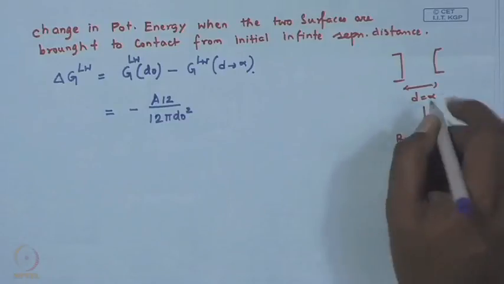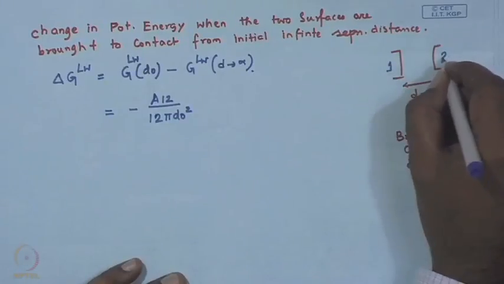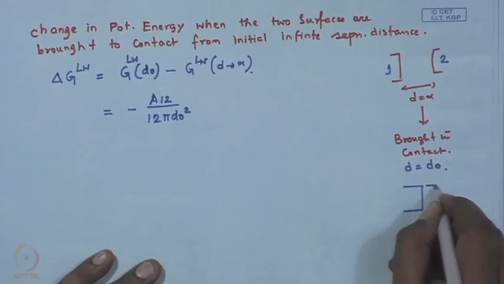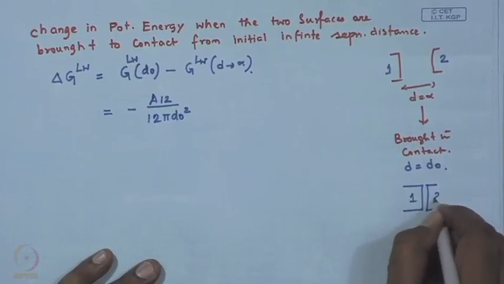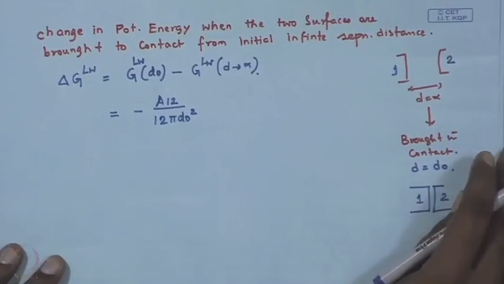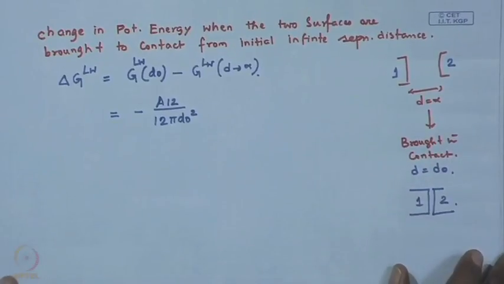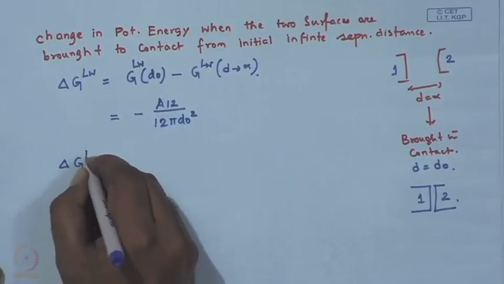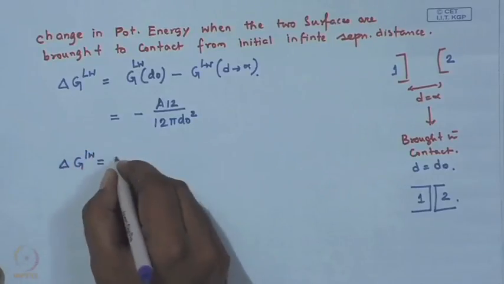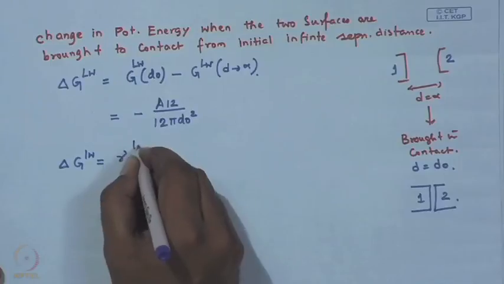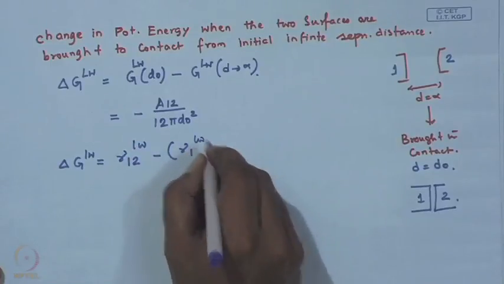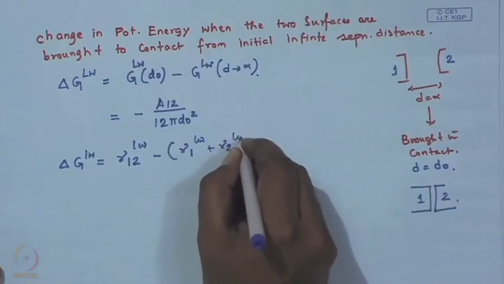Now, incidentally, if you remember, these are the two blocks and now these two are in contact. This is also a situation where, in one of our earlier lectures, we have identified that this delta GLW can be represented as gamma 12 LW minus gamma 1 LW minus gamma 2 LW.